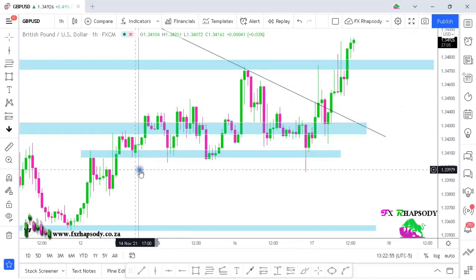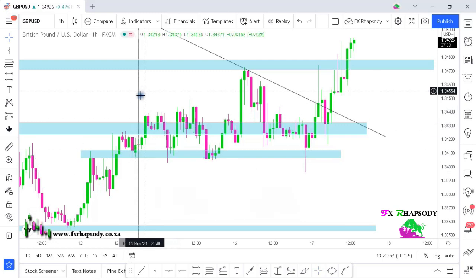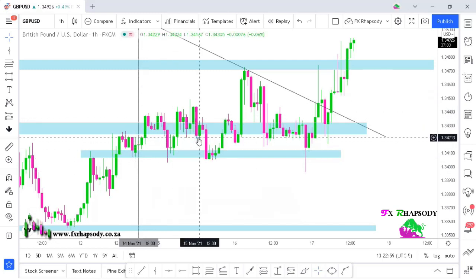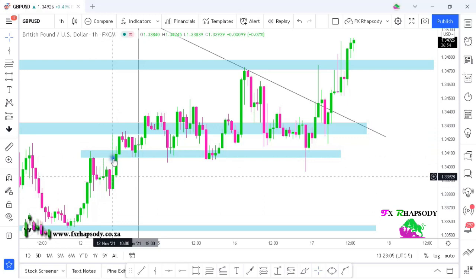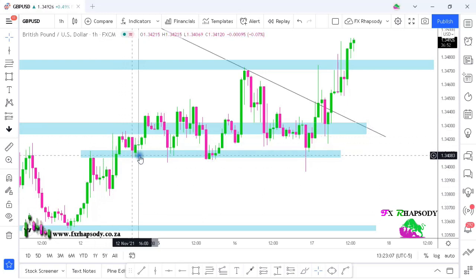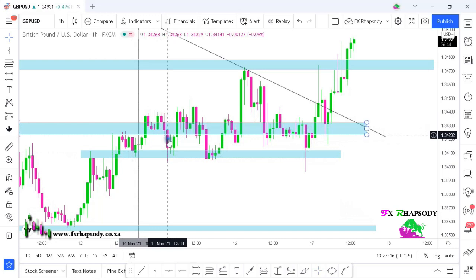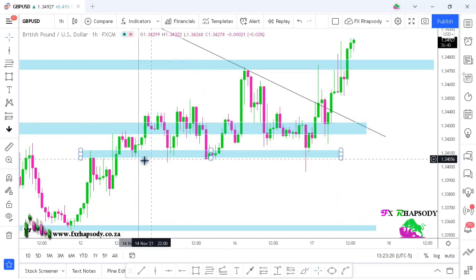This is where the market opened up. I was looking at this swing low, and I saw that price opened up and, like I said, I highlighted this key area. You see that price bounces off it once, comes up, and comes and bounces off it again, basically tapping liquidity that's below this.